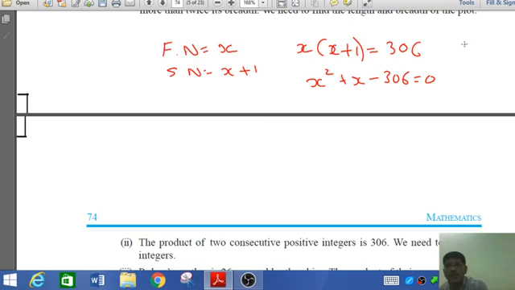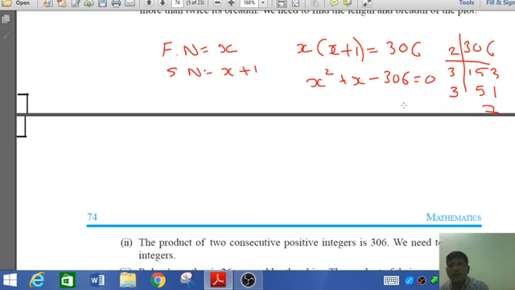Now you have to make a factor of 306. So 3, again 3, 5, 1, 3, 7.